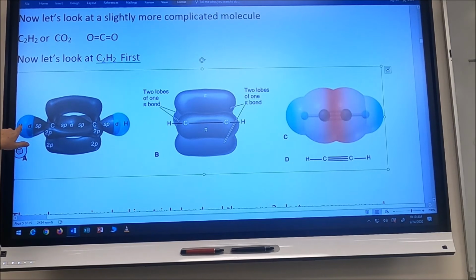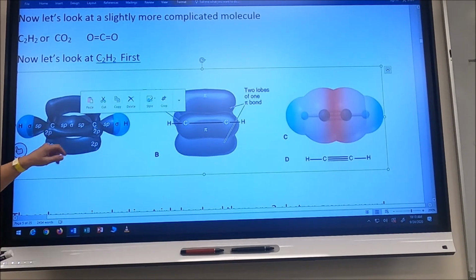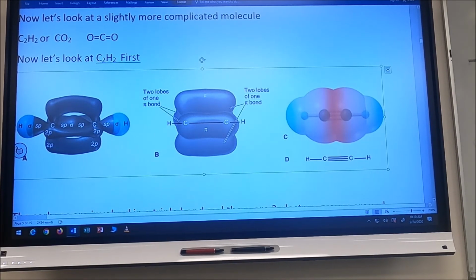There's the sigma bond between the hydrogen and the carbon, where the hydrogen's using its 1s orbital to overlap with an sp orbital for the carbon. Same thing over here. The two carbons, their first connection is an sp hybrid orbital overlap to give me a sigma bond.